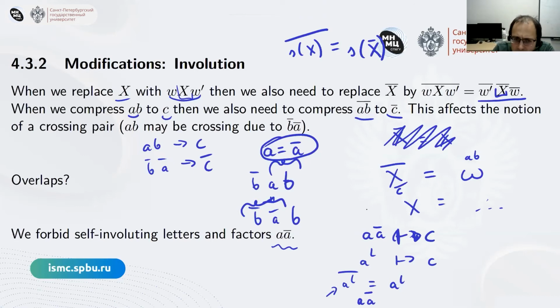Okay, but this factor A A bar shouldn't appear, because since we reduced from the 3 semi-groups, then if there was a solution, after the reduction for the solution of the 3 semi-group, there is, first of all, no self-involuting letter, and second of all, there is no factor A A bar. Okay, and then we would like just to keep this invariant during the algorithm, which would guarantee that there is no self-involuting letter in total, so those overlaps can be avoided.